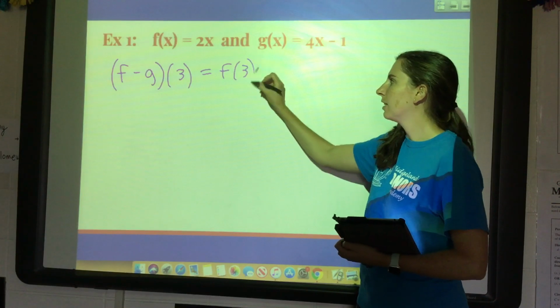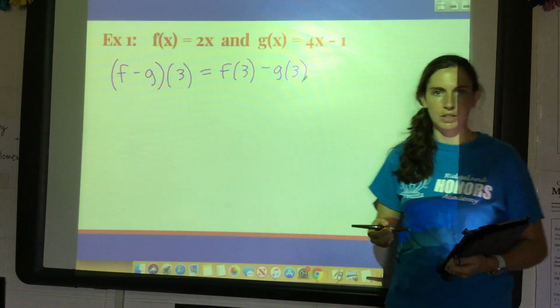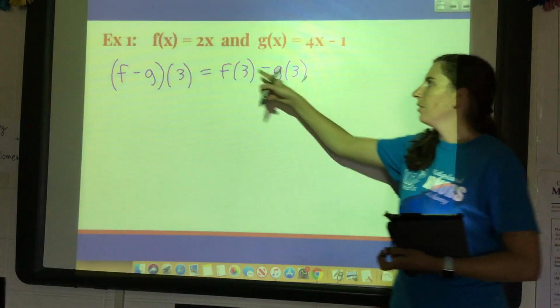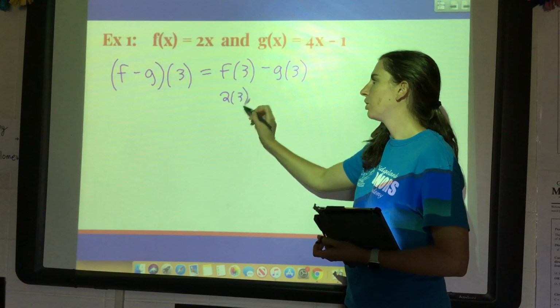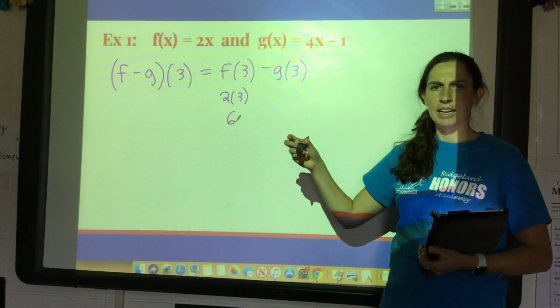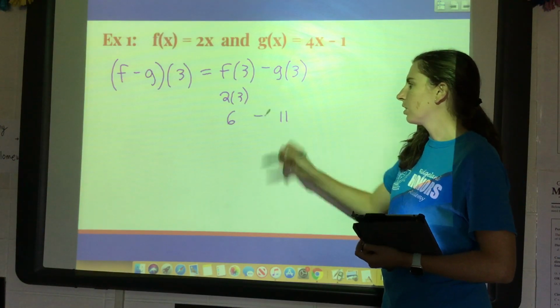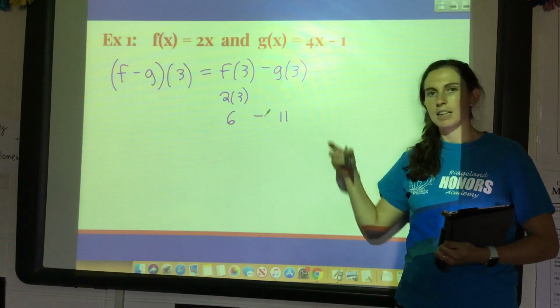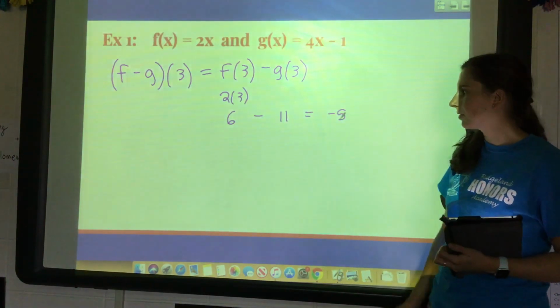F of 3 minus g of 3. I'm going to do it this way just for this problem. So f of 3 would be 2 times 3, which is 6. And g of 3, we did that already. What was it, 11? So this time I have 6 minus 11 rather than 6 plus 11. So negative 5.